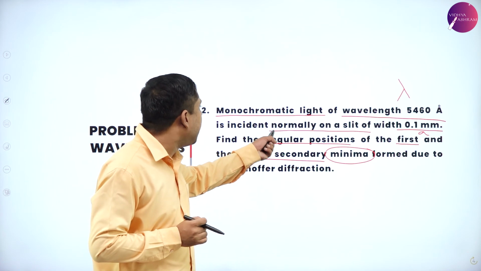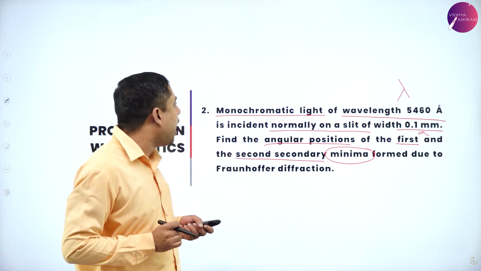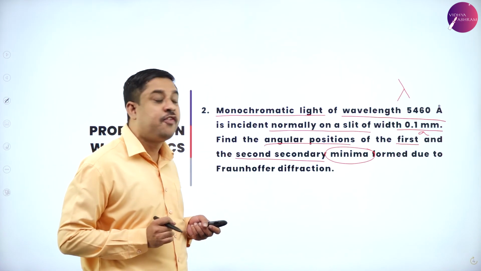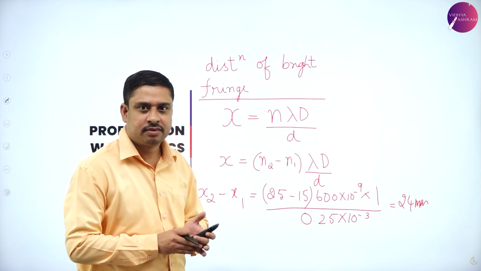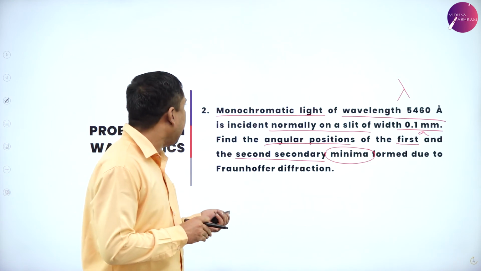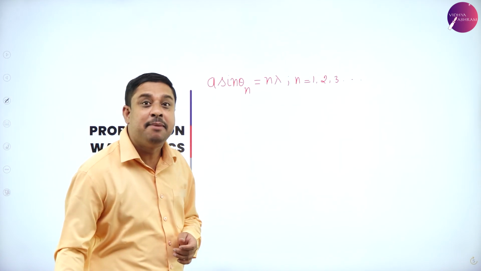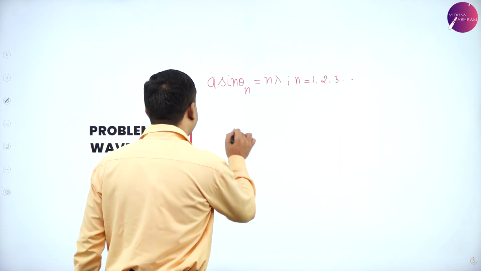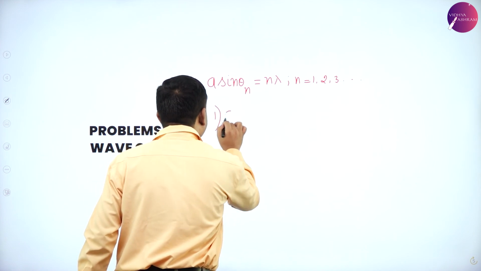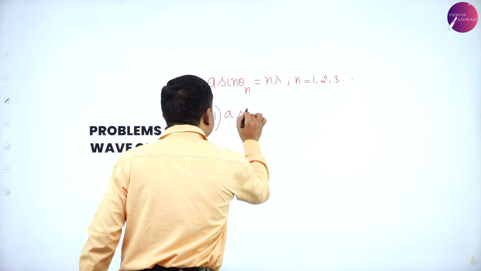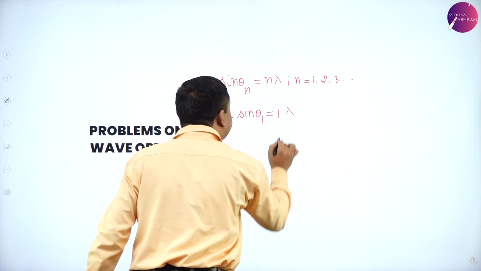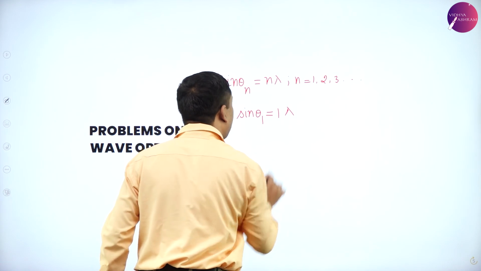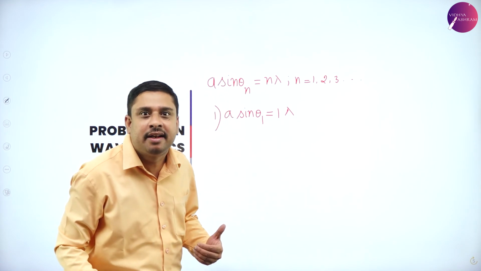I have to find the angular positions of first and secondary minima. So the first case, a sin theta 1 is 1 times lambda because n is 1.